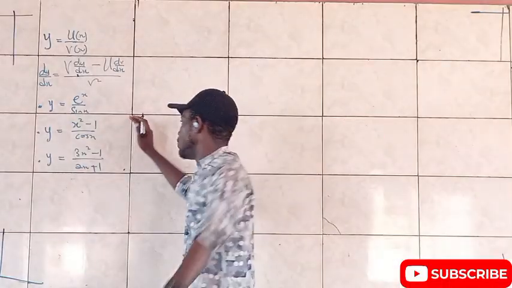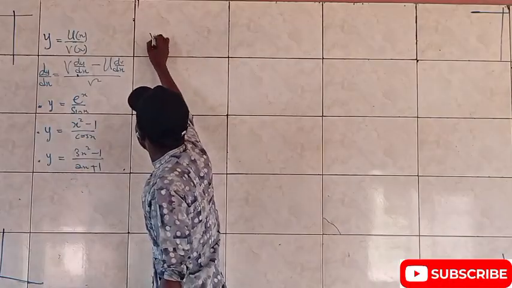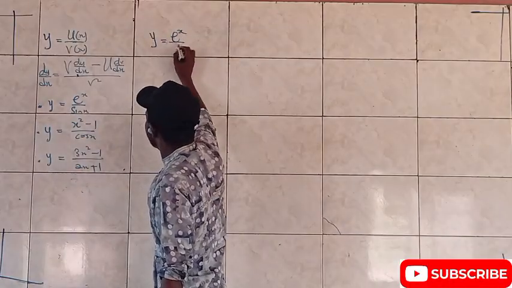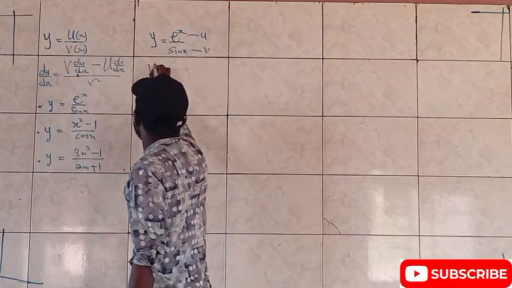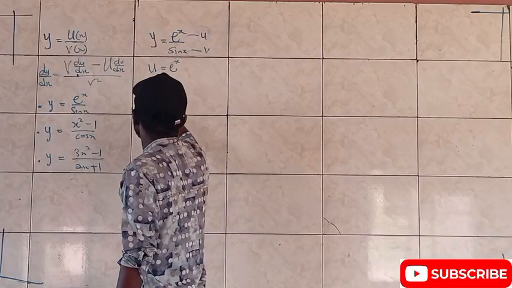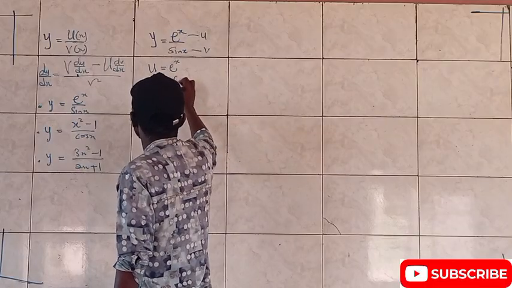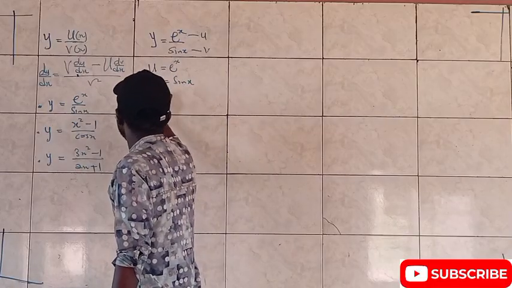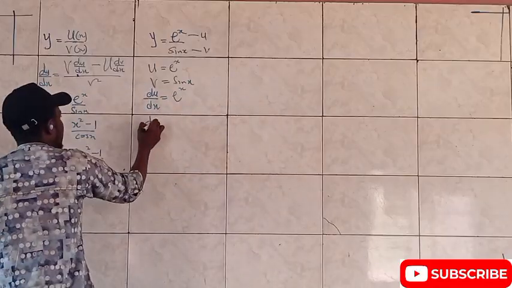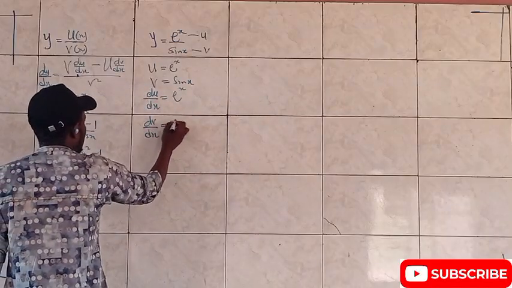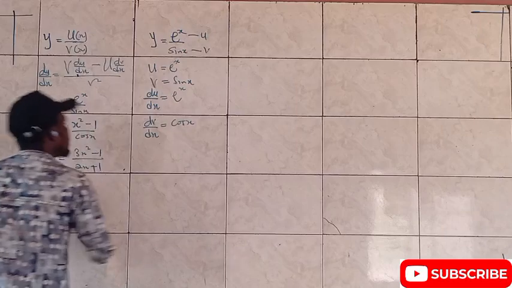We have y equals e raised to x over sine x. My u is e raised to x, my v is sine x. Then du/dx is e raised to x, then dv/dx is cos x.